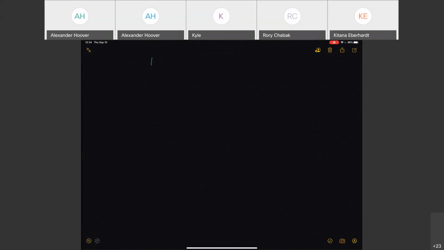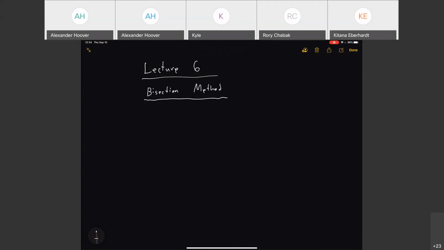All right, so last lesson, let me stop writing in green because I'm going to go crazy. So lecture 6, we're going to start by talking about the bisection method, which is what we sort of ended on last lesson. Okay, so what is the bisection method?